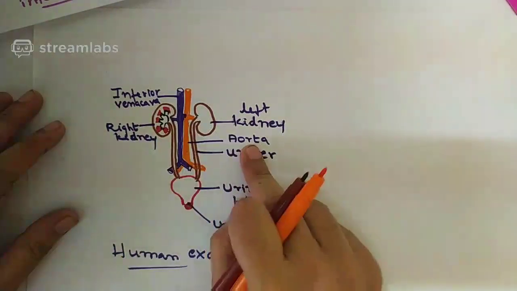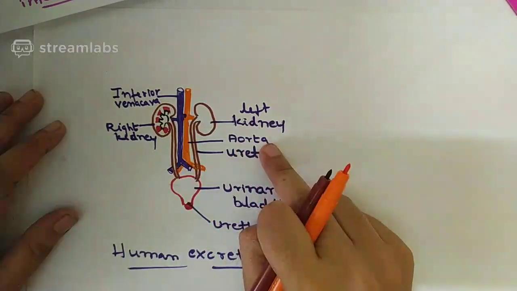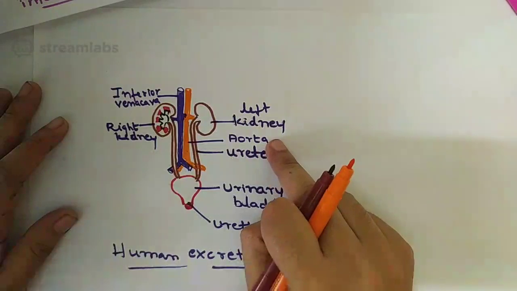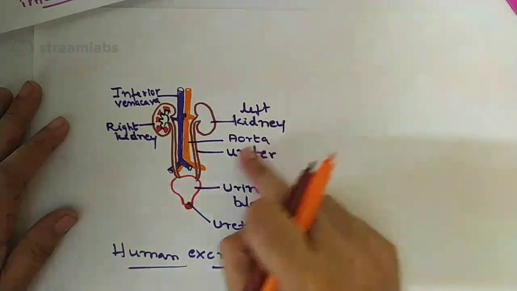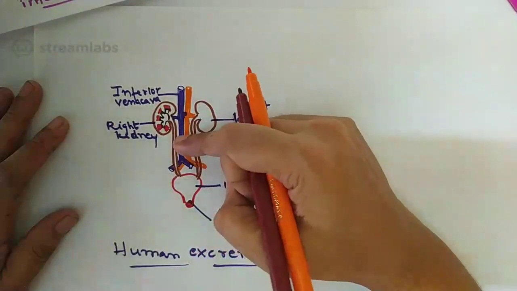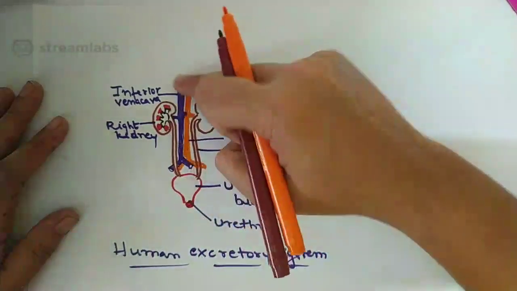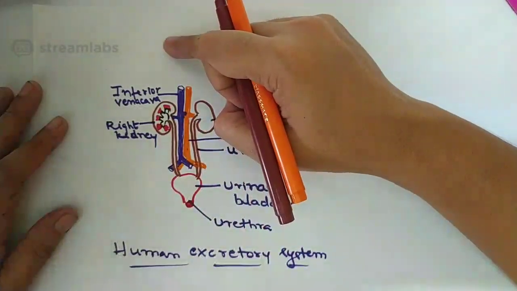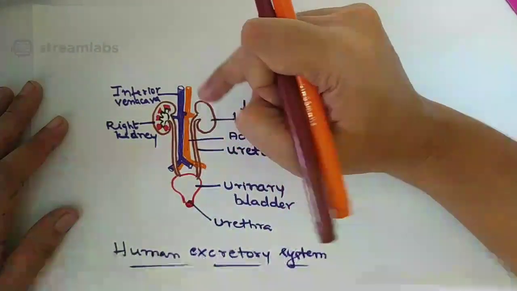Then there is the aorta, which carries oxygenated blood. The inferior vena cava carries deoxygenated blood away from the kidney towards the heart.